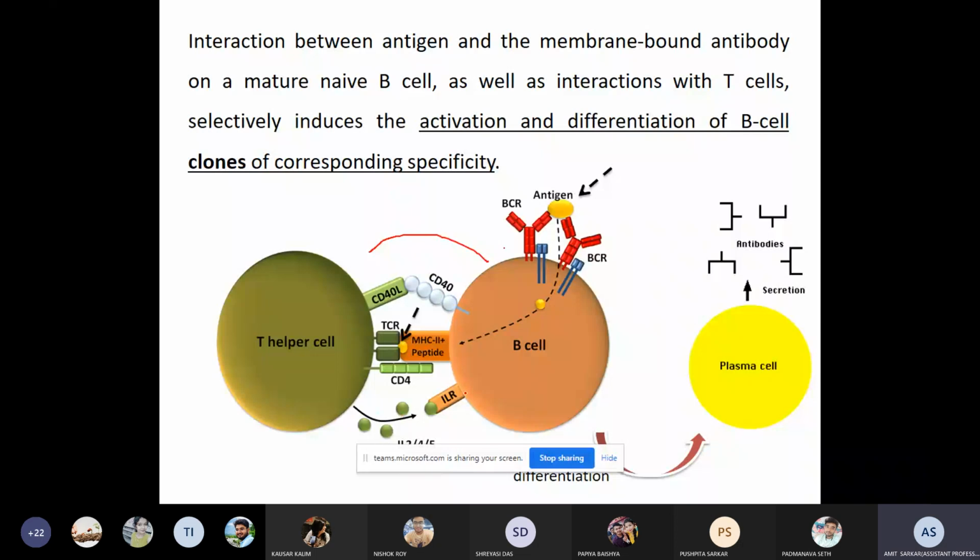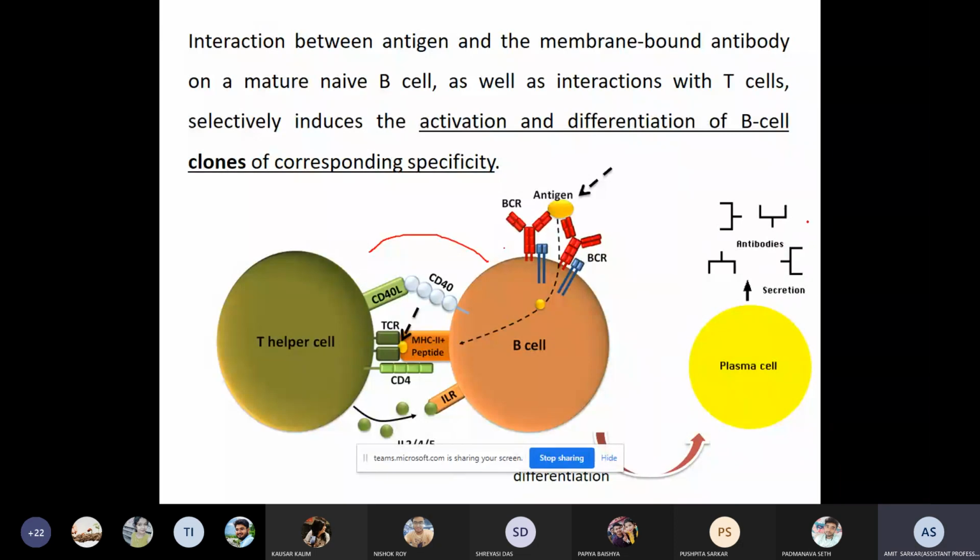Now the B cell will understand, okay, my master, the T helper cell, has given me approval to take some action. Now what action will it take? The B cell will now be converted into two parts. Let's focus on the first part, the plasma cell or effector cell. So the B cell will be converted to the plasma cell, and now the plasma cell will secrete antibodies.